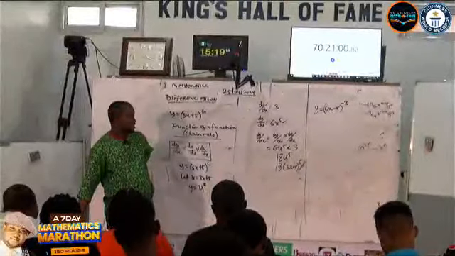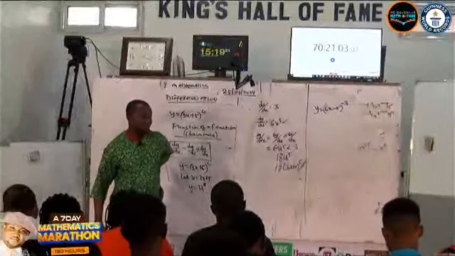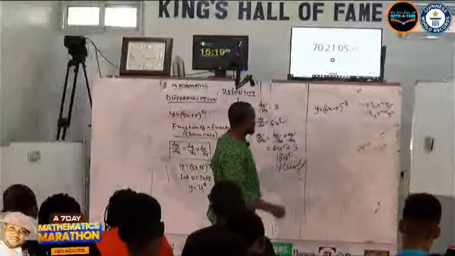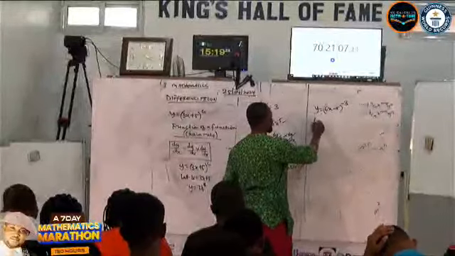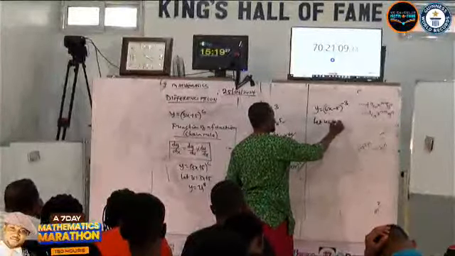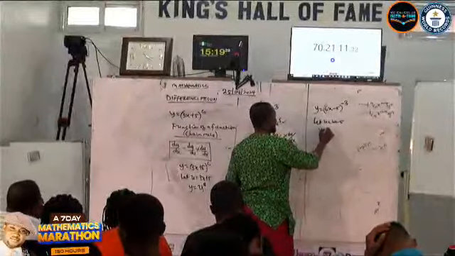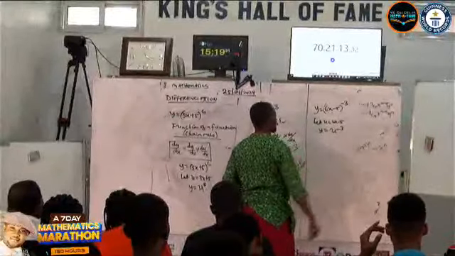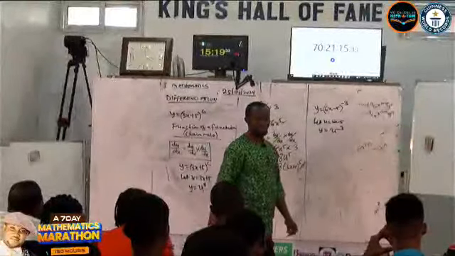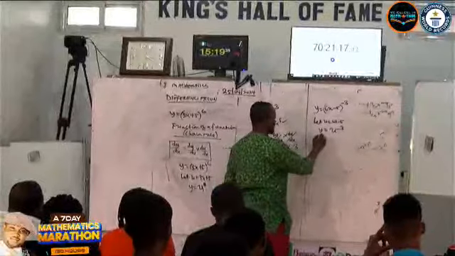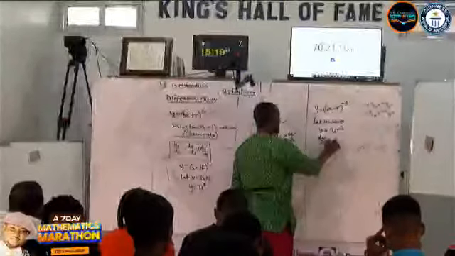So let's continue. What do you have? Next question. Let u equal 6x minus 5. So y equals what? u to the power of minus 3. Is that correct? du/dx equals 6.